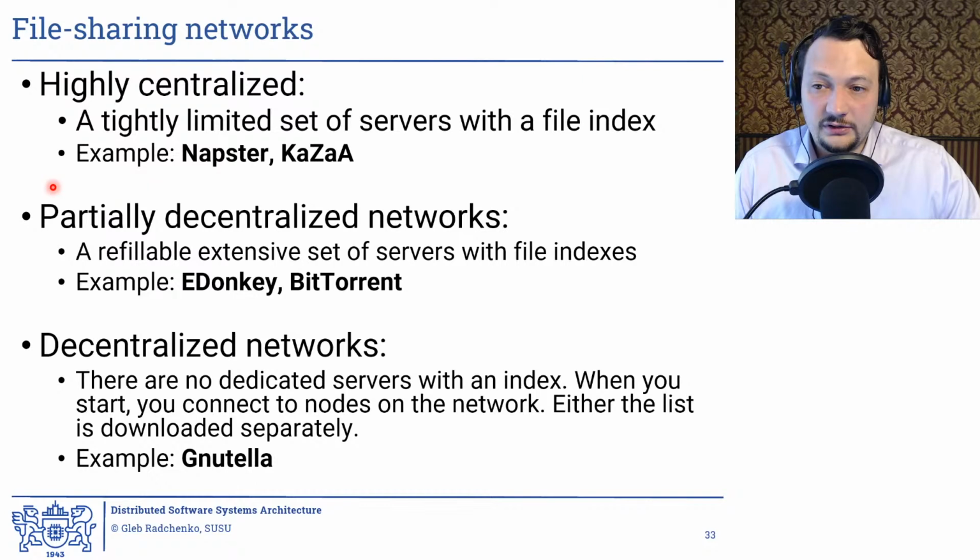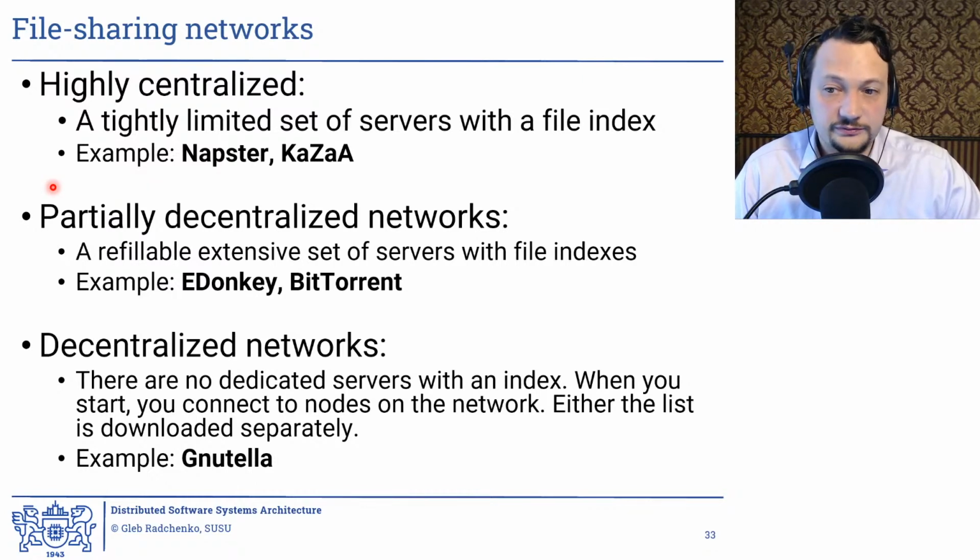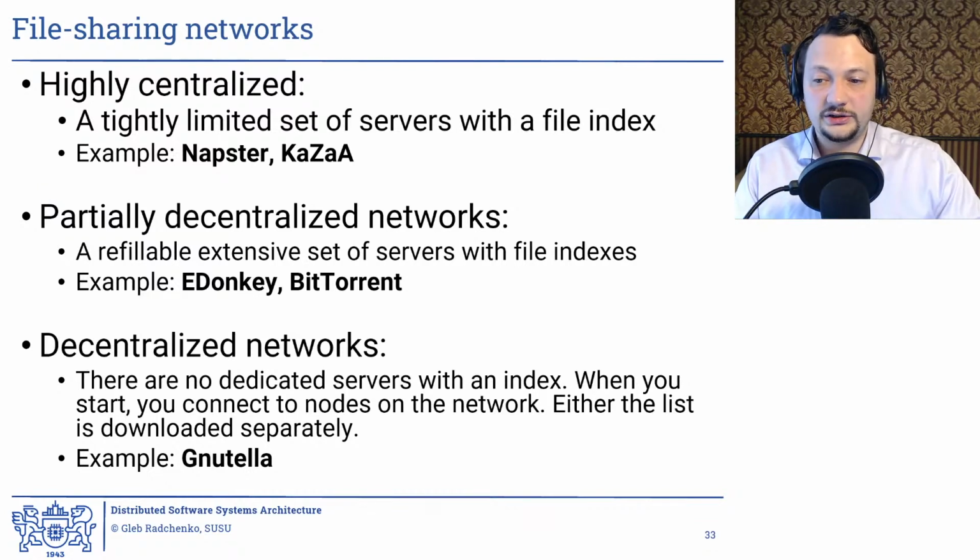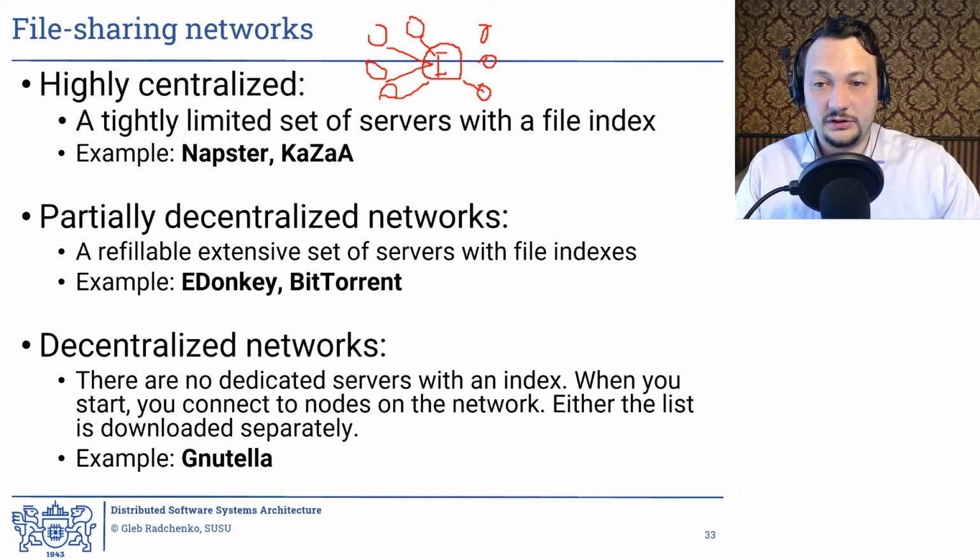The second type of file sharing networks is partially decentralized networks. And that means that we do not have, in this case, one central index server. In the centralized case, we have one index server, and a lot of clients who connect to this index server to get the metadata about what they want to download from the network.